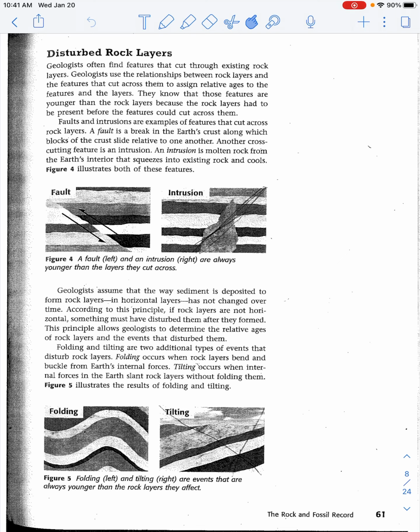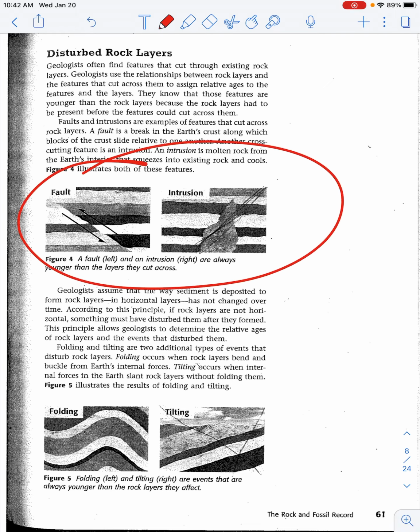Faults and intrusions are examples of features that cut across rock layers. A fault is a break in the Earth's crust along which blocks of crust slide relative to one another. Another cross-cutting feature is an intrusion. An intrusion is molten rock from the Earth's interior that squeezes into existing rock and cools. Figure 4 illustrates both of these features.